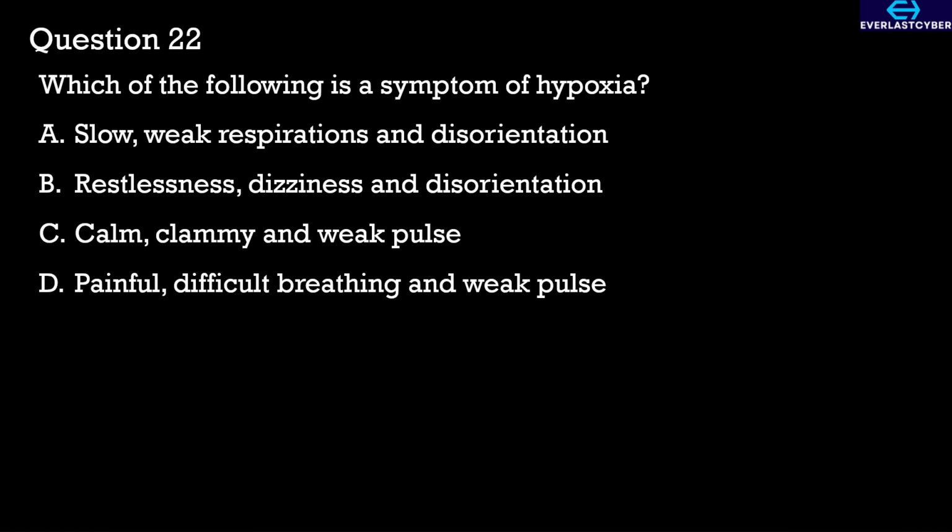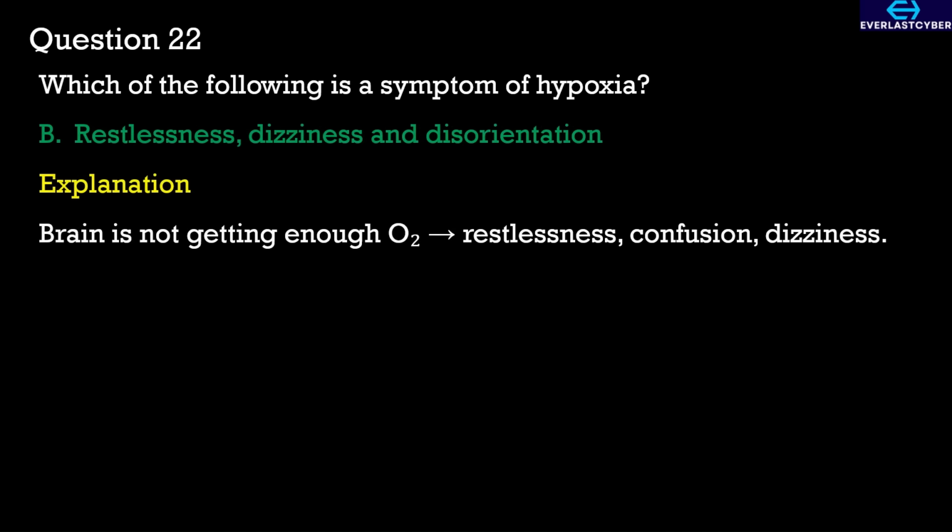So calm is not a symptom. So this automatically rules out option C. In option D, painful breathing can occur, but pain is not usually linked to hypoxia. So it doesn't fit. The only option where all the listed symptoms fit with hypoxia is option B, restlessness, dizziness, and disorientation.